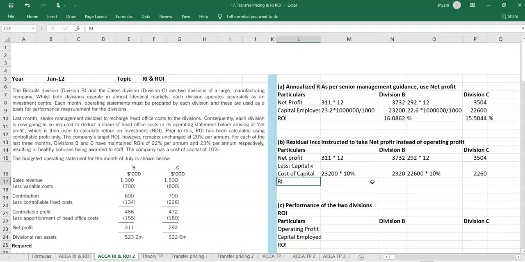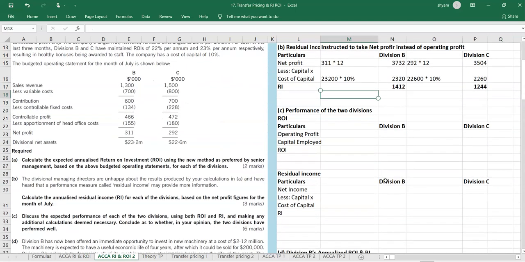Okay, so we'll find out RI. Okay, so our RI comes to 1412 and 1244, right?